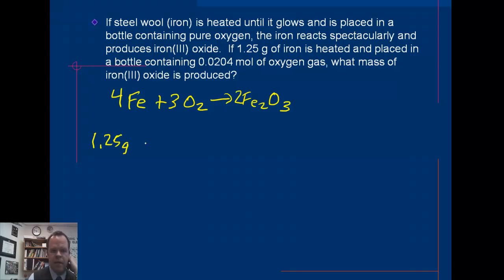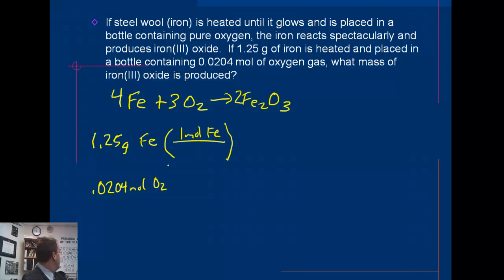Take each given piece of information, and we need to convert it to the product. So in this case, our first step is to convert to moles. Iron has a molar mass of 55.85 grams per mole.